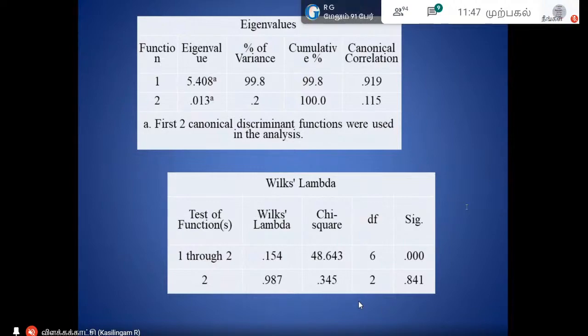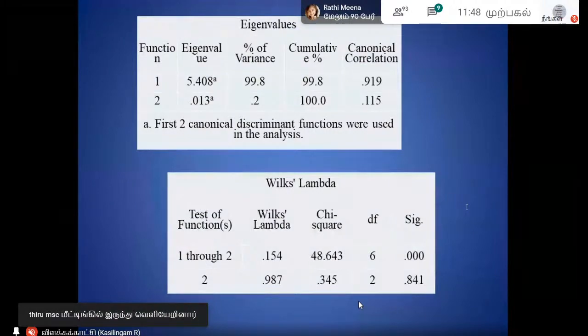Wilks lambda is 0.15, so within groups divided by overall is only 15%. The remaining 85% is because of between groups only. So this is what we can understand.